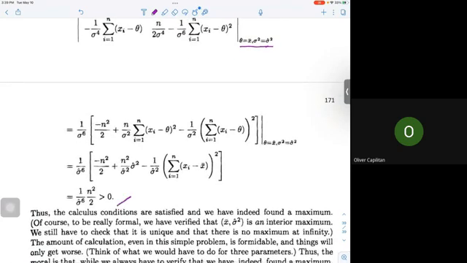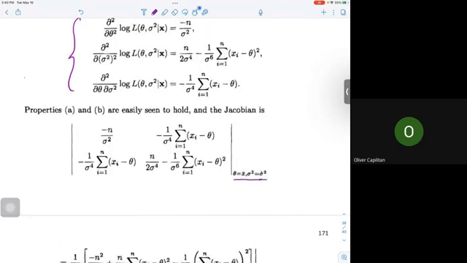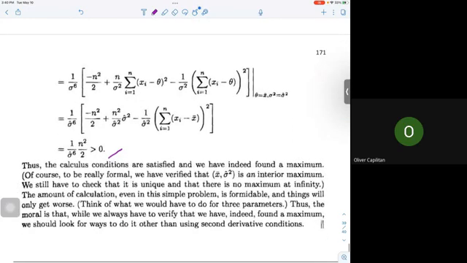And we have seen that it is indeed positive. Okay, so according to our example, theta equal to the sample mean x bar, and then sigma square equal to sigma square hat, is a local maximum.